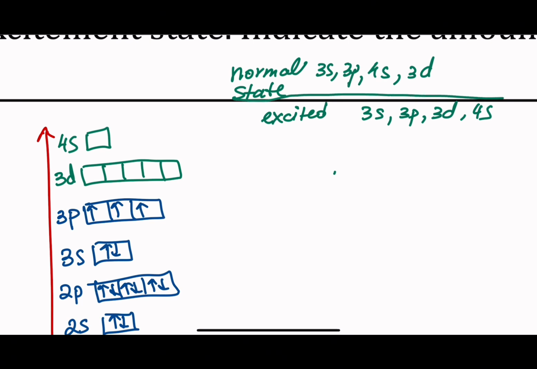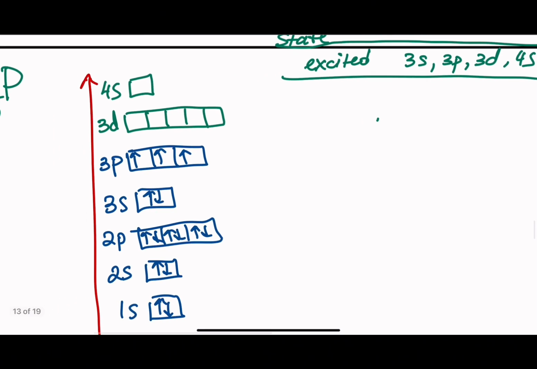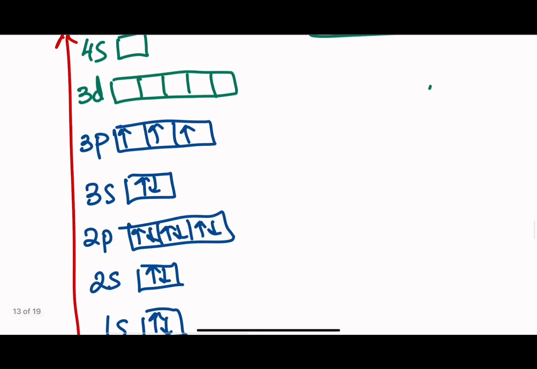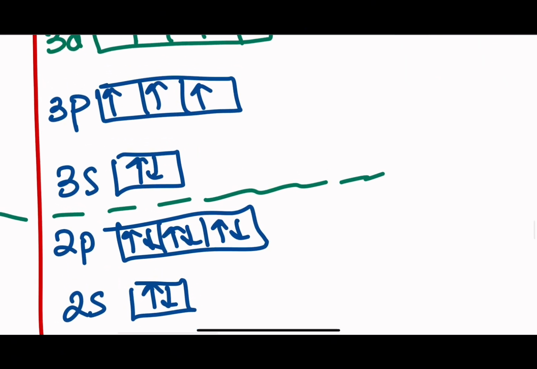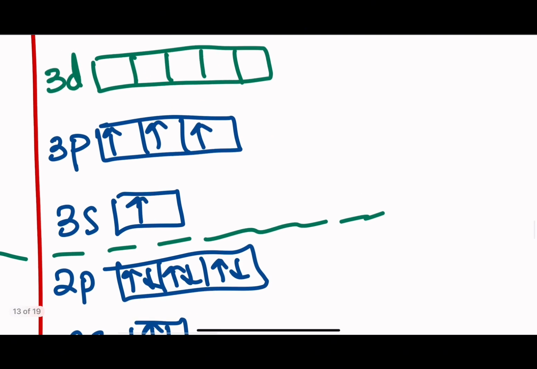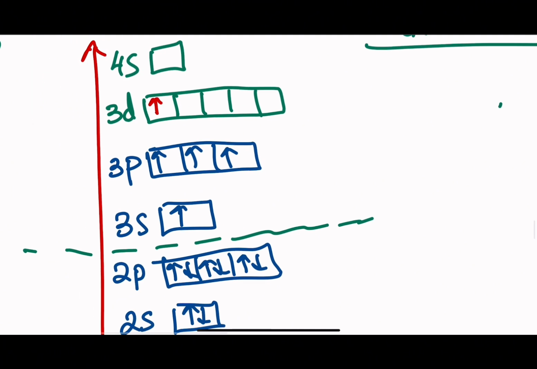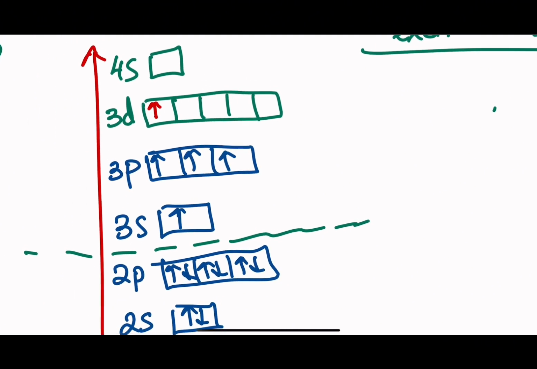So remember this. Now to make an excitement state, I will shift in the outermost shell. The third shell is my last shell, so I'm going to remove one of the paired electrons from here and move it up to here, right? Now this is the maximum excitement state.